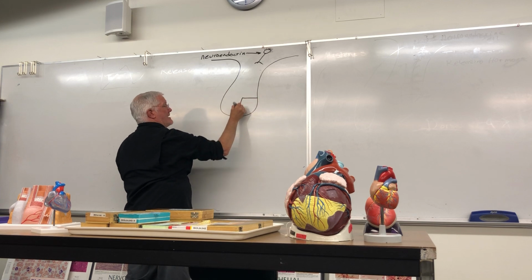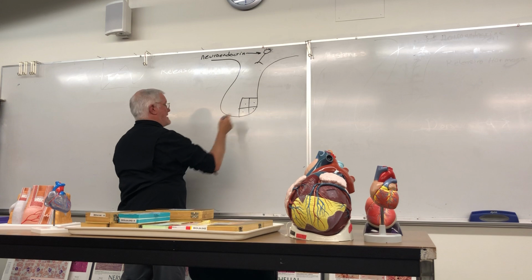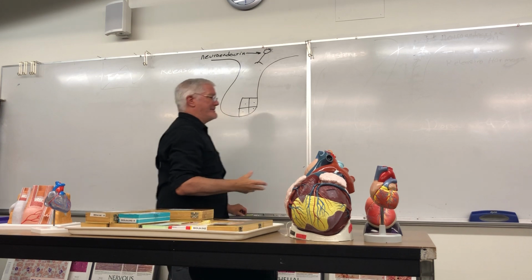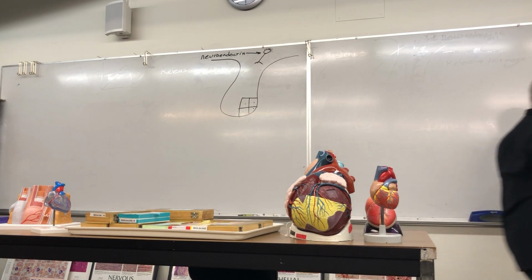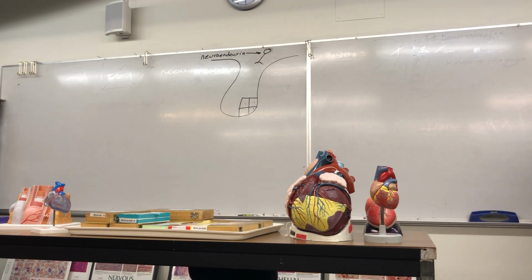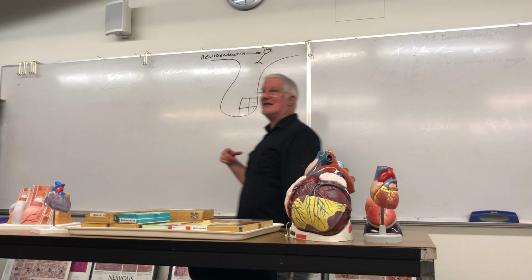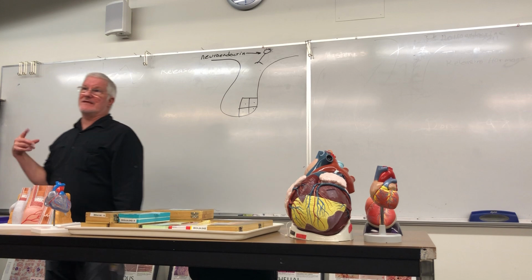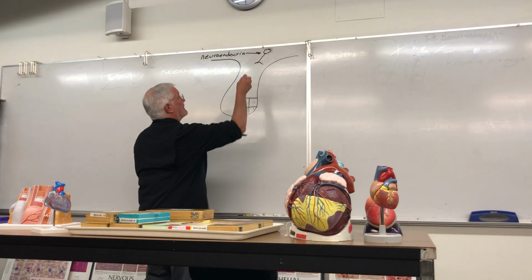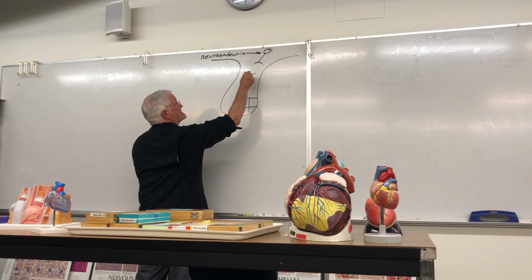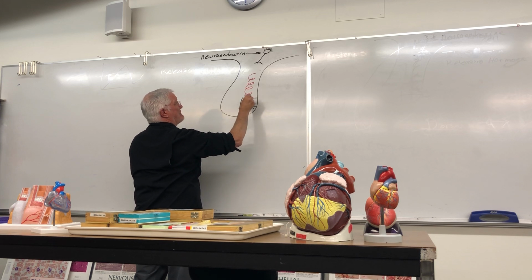Put some cells down here for the anterior pituitary. And then, if you remember, when we talked about how the hypothalamus controls the release of hormones, we had this portal system that came from the hypothalamus and went all the way down to the anterior pituitary. We're going to represent that by doing this. That's my portal system. It's my capillary bed.